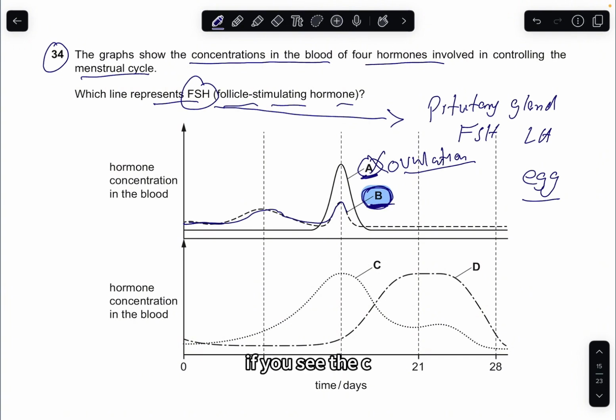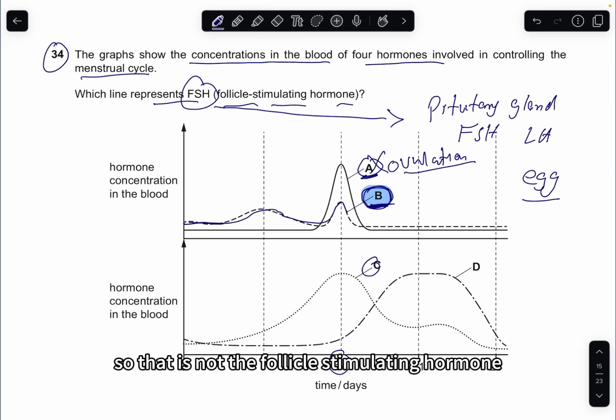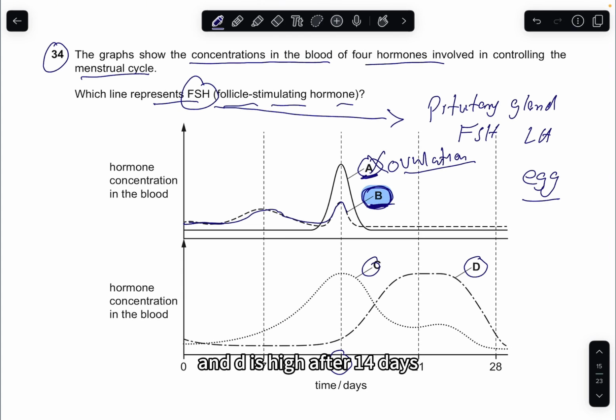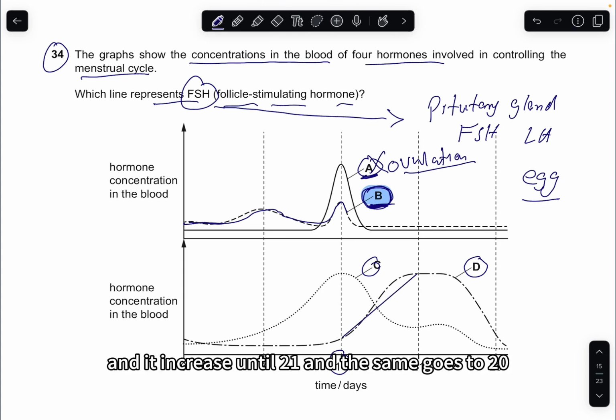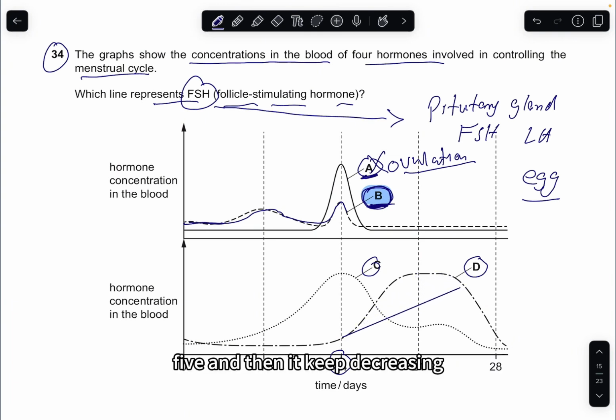If you see, C is too high at day 14, so that is not the follicle stimulating hormone. And D is high after 14 days, and it increases until 21, and the same goes to 25, and then it keeps decreasing.